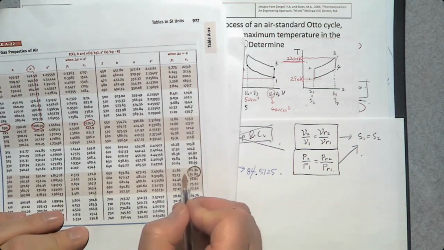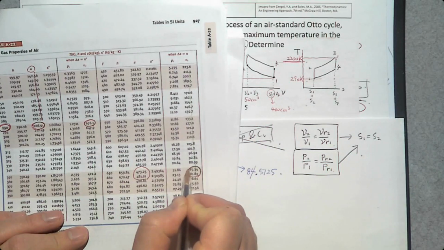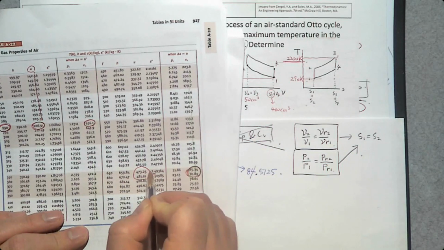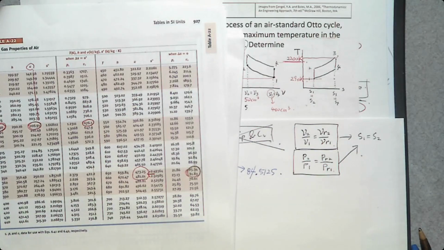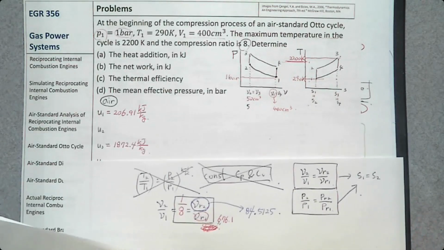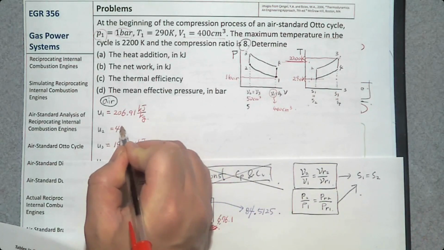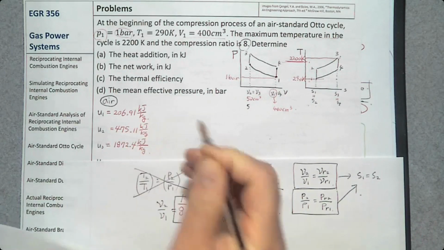So you can do linear interpolation between these two numbers to determine U2. When you do, U2 is going to be 475.11 kilojoule per kilogram.